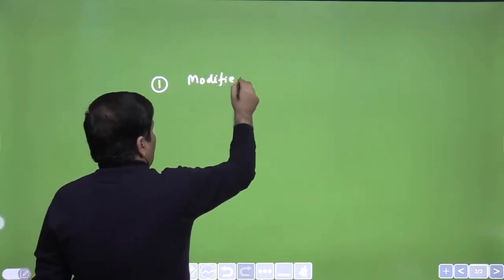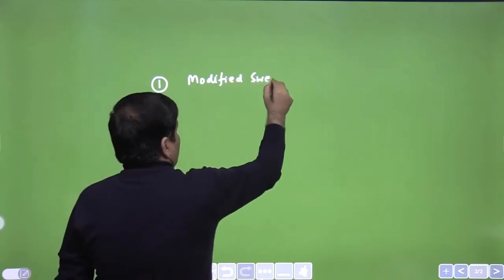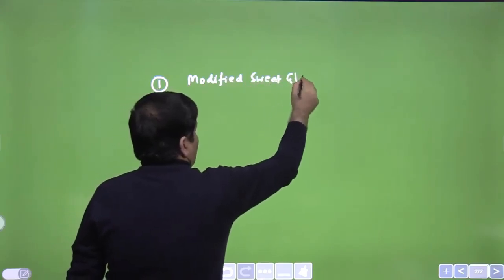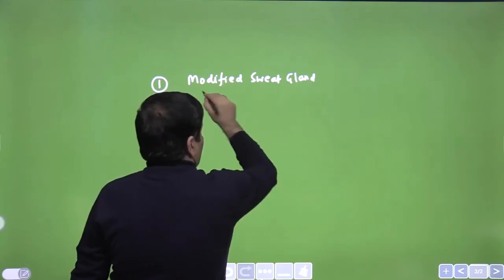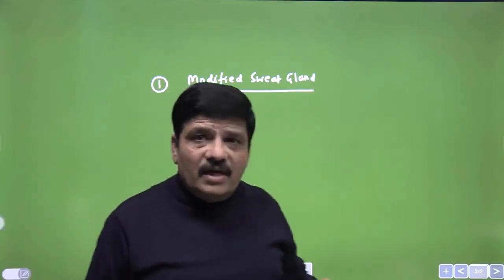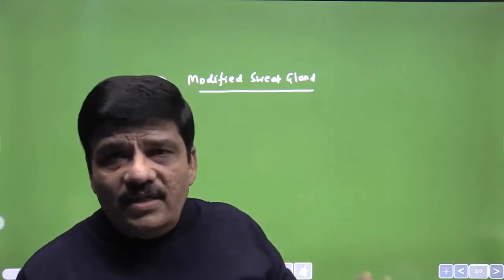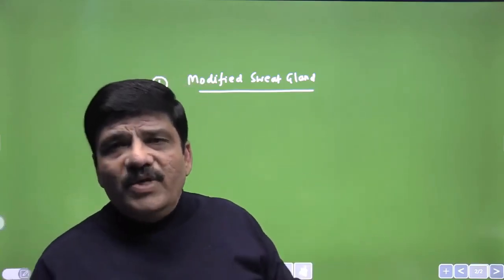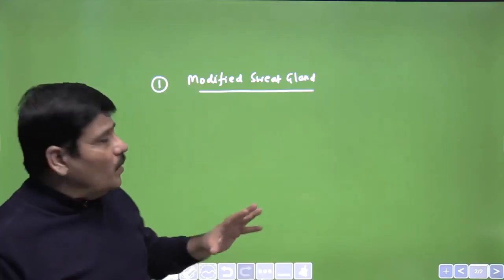This may be an unusual thing, but please try to understand. Most people believe that it is actually a modified sweat gland, but a few argue that it may be a sebaceous gland. Please remember that largely it is believed to be a modified sweat gland.